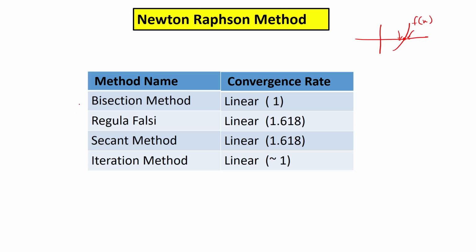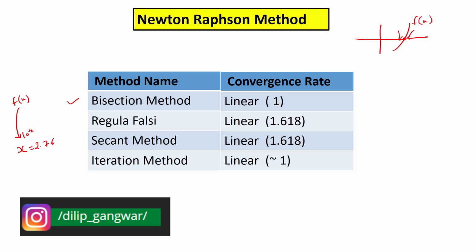So for example, your bisection method can give us some root, let's say x equal to 2.76 for a given function in, let's say, 10 iterations, right? But regular falsi can give us the same answer in, let's say, 8 iterations.